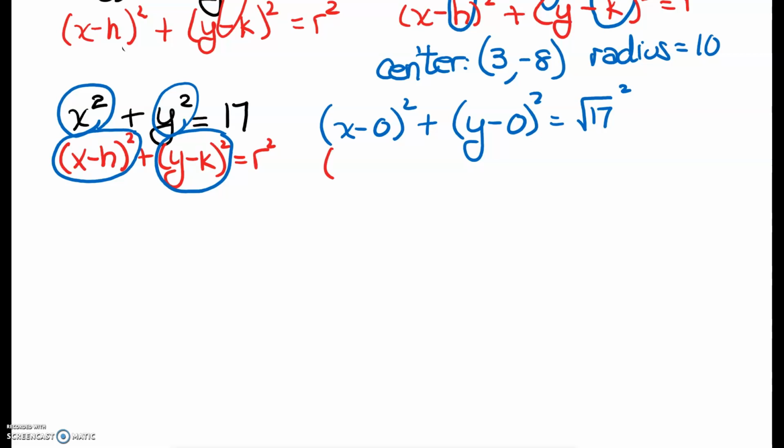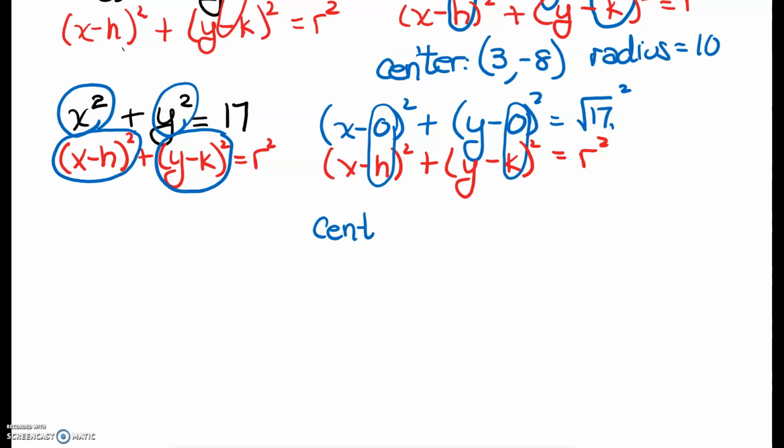So when I compare it to my standard form, it's easy to pick out my h and k values. h is 0, k is 0, r is going to be the square root of 17. So my center is going to be 0, 0, and my radius is going to equal the square root of 17, and that's how I would like you to do your homework.